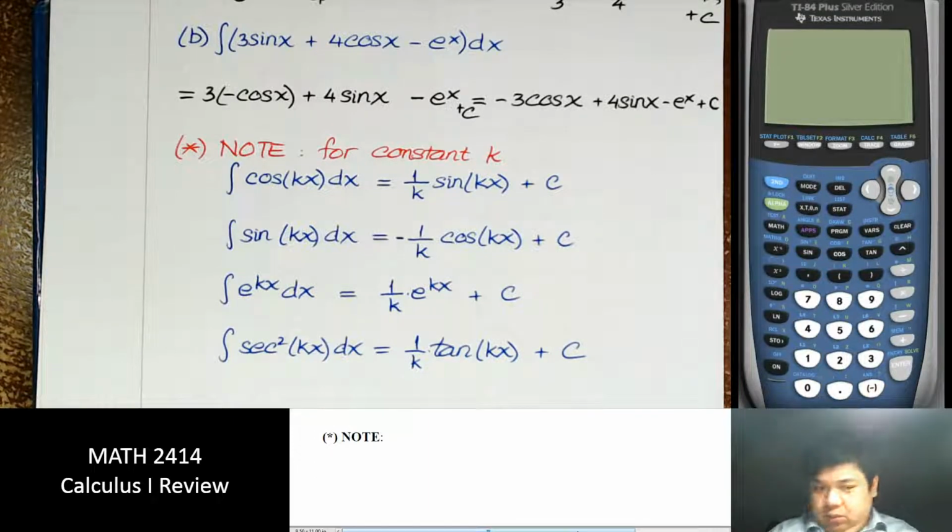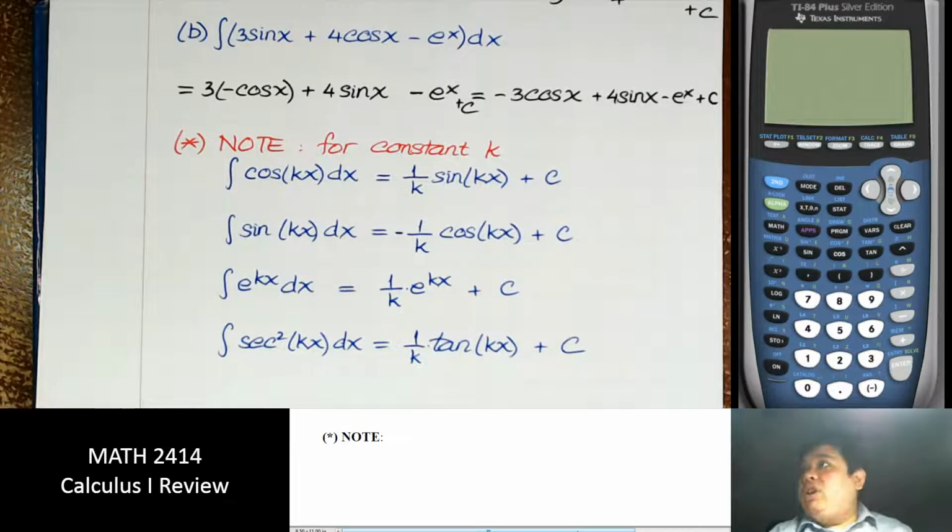Right. Now we continue with the example.